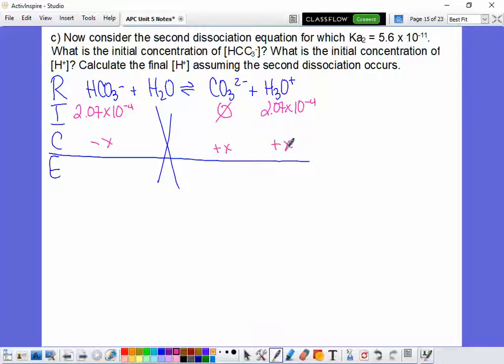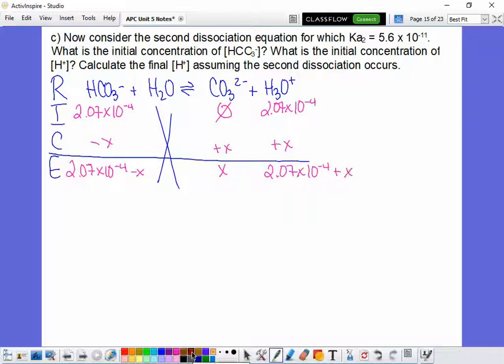If we had some of it, then we'd have to calculate Q and compare that to K and figure all that out. But remember, when you have a 0 in there, that's the direction the reaction will proceed. So this is going to be 2.07 times 10 to the negative 4 minus x. This will be x, and this will be 2.07 times 10 to the negative 4 plus x.